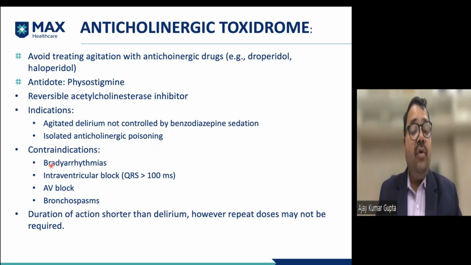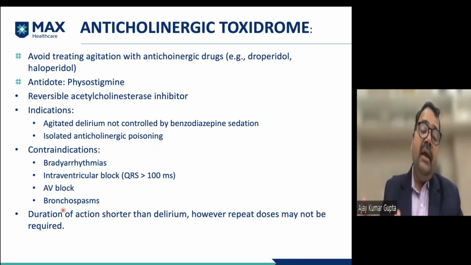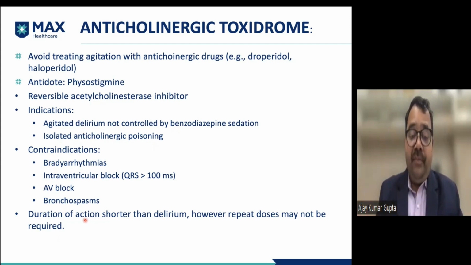You are not to use it if the patient has a bradyarrhythmia, or an intraventricular block, or AV blocks, or bronchospasm is found. Also the duration of action is shorter than the delirium, so a repeat dose may be required.